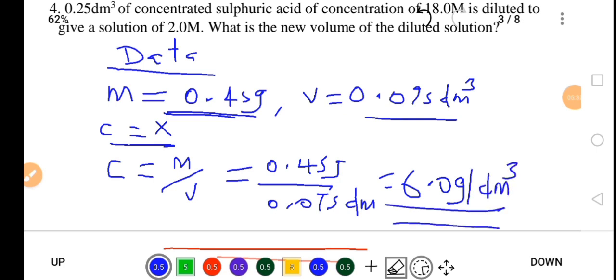As simple as that. Very important. We can look at question number 2. We see how the question is going to be.